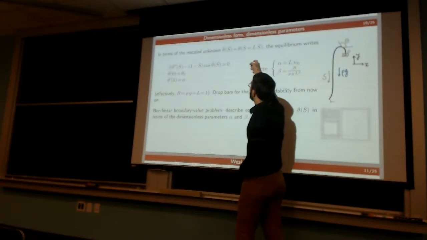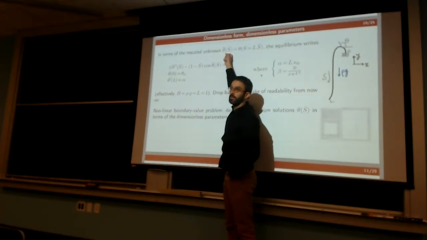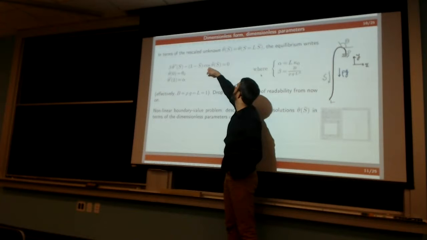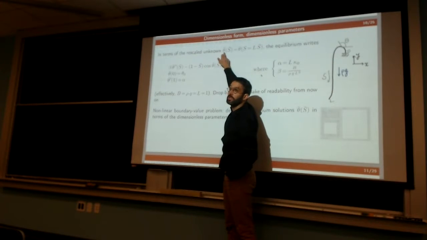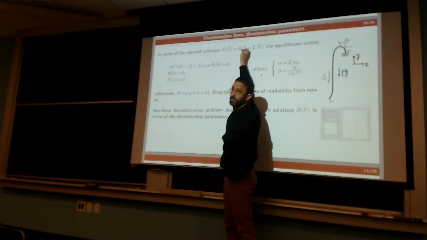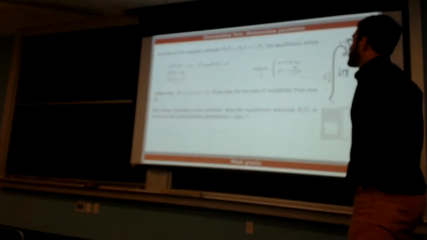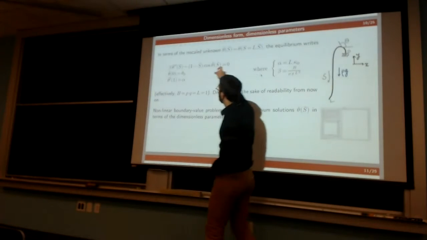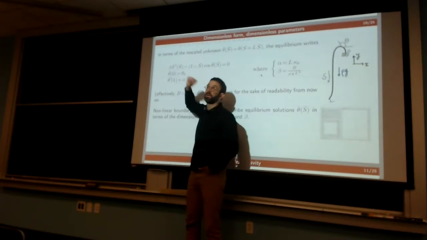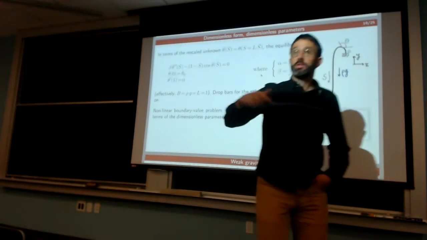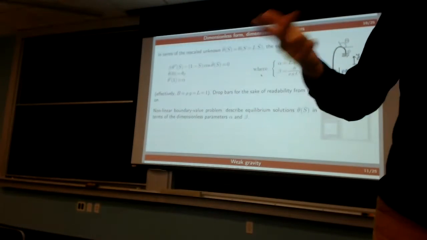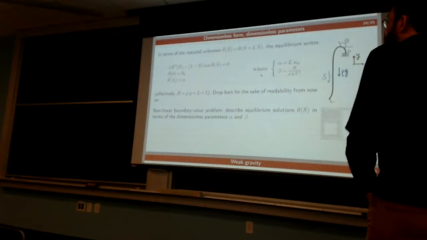I'm assuming that you're familiar with this step. You just have to insert this into the equation, paying attention to the fact that the derivatives now involve an extra L factor compared to the derivative of the original function. This extra L factor is beneficial because it combines with the other terms and makes dimensionless parameters of the equation appear. These dimensionless parameters really capture the essential features of the solution.